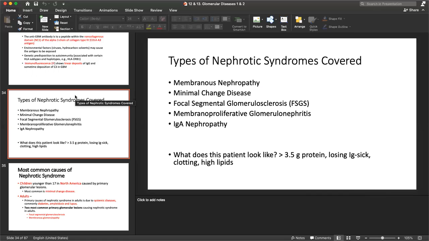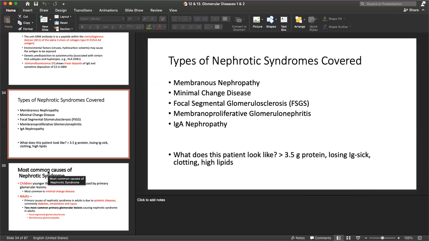That can kind of help you figure them out. And then most of these are going to have a disease associated with them. So I would know that as well, because if the patient has HIV versus Hep C, that can help distinguish which one it is for you to answer the question.